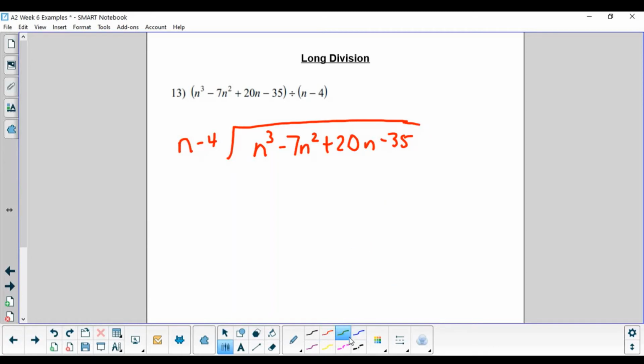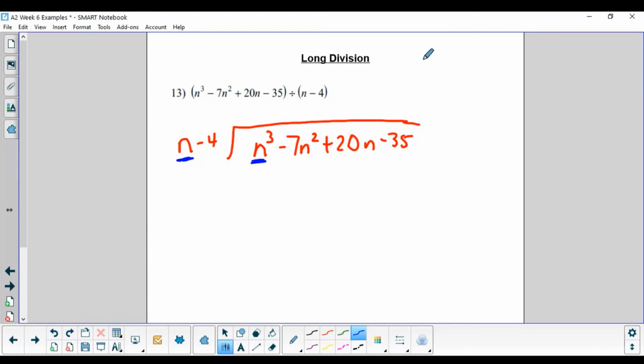And then from here, you're comparing this n out front to this first term here. So you're always comparing this to the first term you see. So notice I see n and n cubed. And so what do I got to multiply n by to get n to the power of 3?